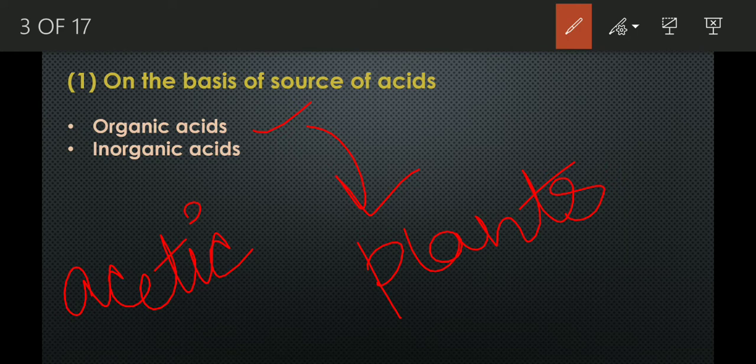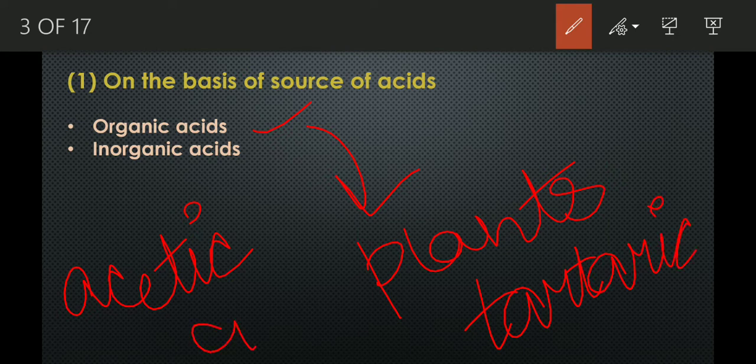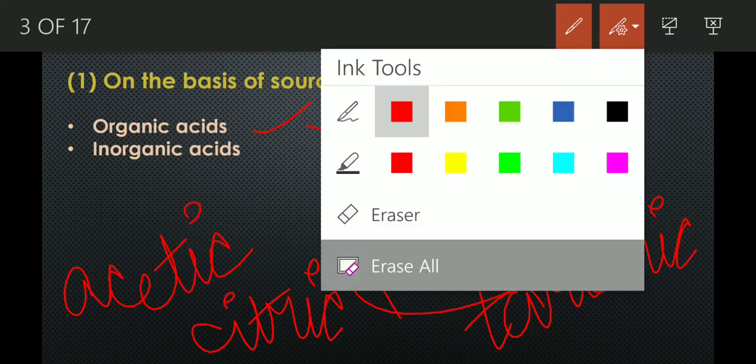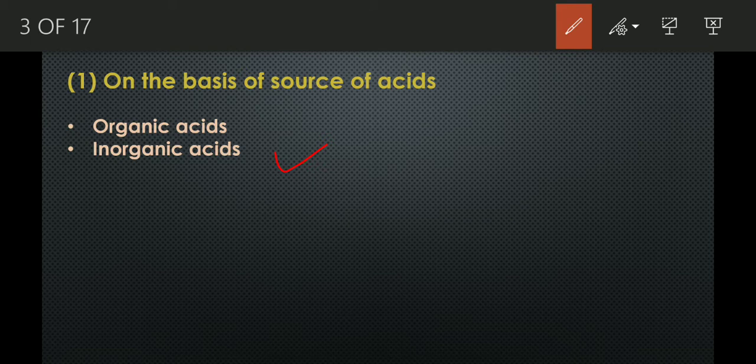Then, tartaric acid, present in grapes. Then, citric acid, present in lemon. Apart from that, oxalic acid is also an organic acid. So, we get all these acids from plants. Next is inorganic acids.